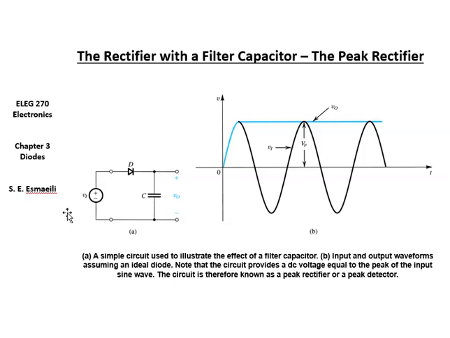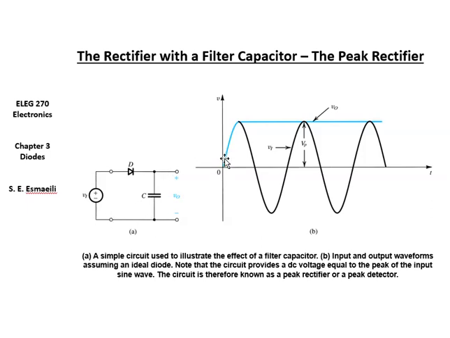When I turn on this power supply, whenever I'm on the positive side, the diode will conduct, it's on, and it passes the current. So the same voltage will be on both sides of this capacitor, and it will start to charge the capacitor.